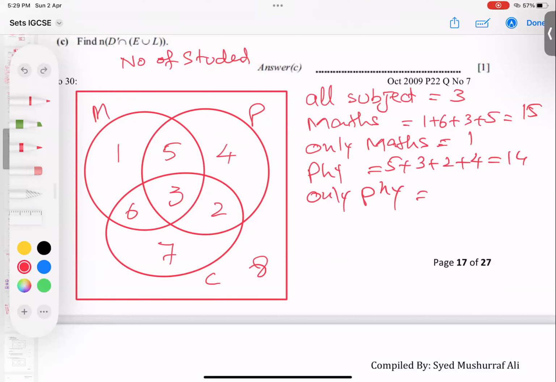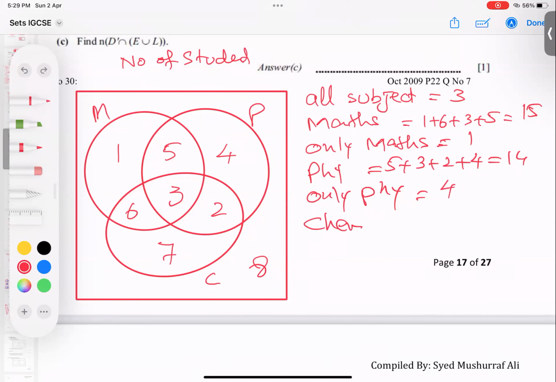You can answer, why not this 5? Problem: these 5 people are those who take math and physics together. So he said, no, I need such a student who takes only physics. So it means 4. And now if I ask you chemistry, I did not say only chemistry, I said chemistry. Chemistry means the complete circle of this one.